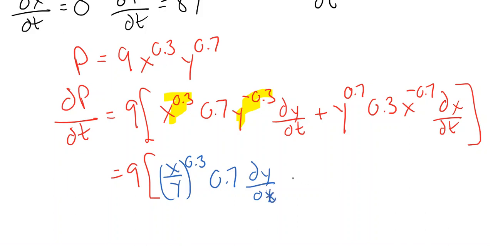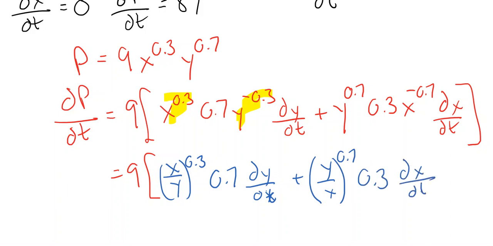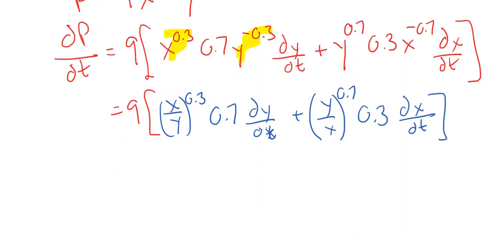Then I can do the same thing over here: y over x to the 0.7 times 0.3 dx/dt.